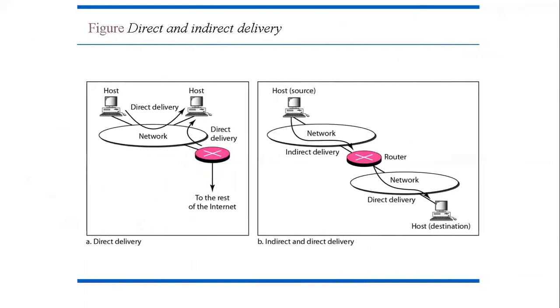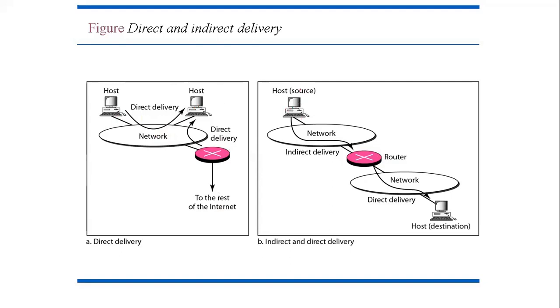So these are the different terminologies. Here if you notice, from the host, if it is in the same network, we have a direct delivery, and to another network, what will happen? From the router to the rest of the internet also, it will be a direct delivery. But what about the indirect delivery?